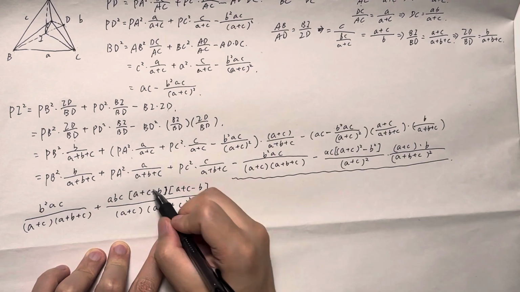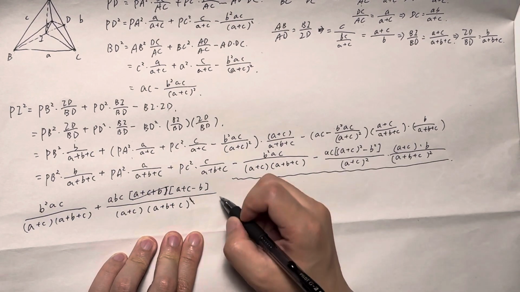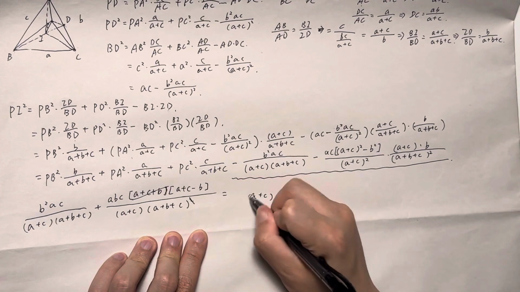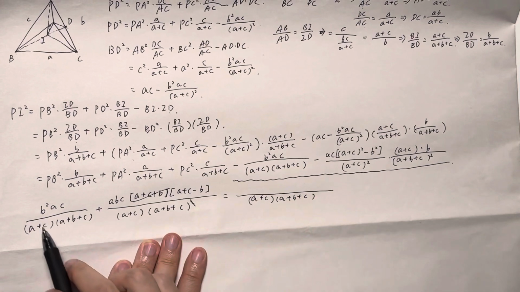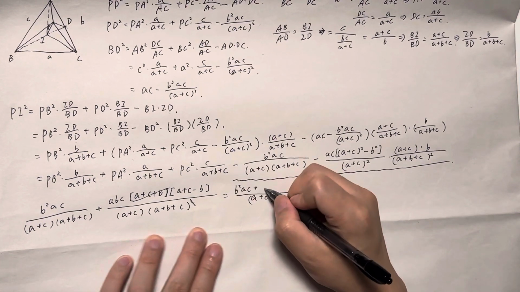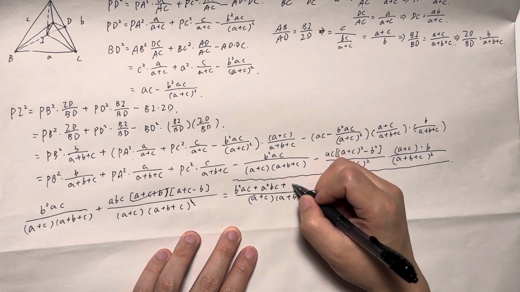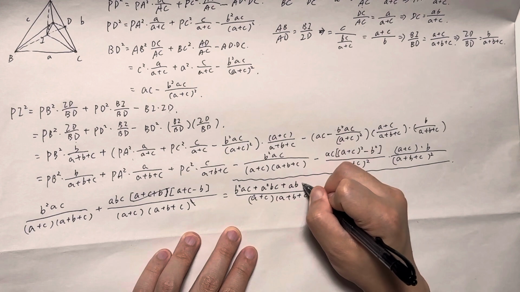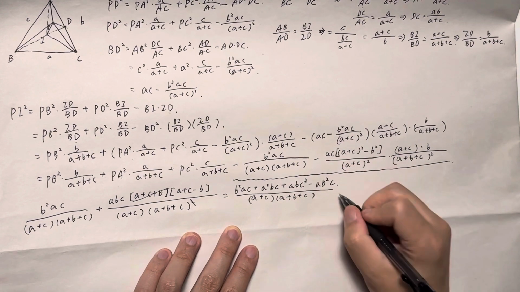So this one can be cancelled as this here. So we got A plus C times A plus B plus C, and on the top we have B squared AC plus A squared BC plus ABC squared minus AB squared C, right?